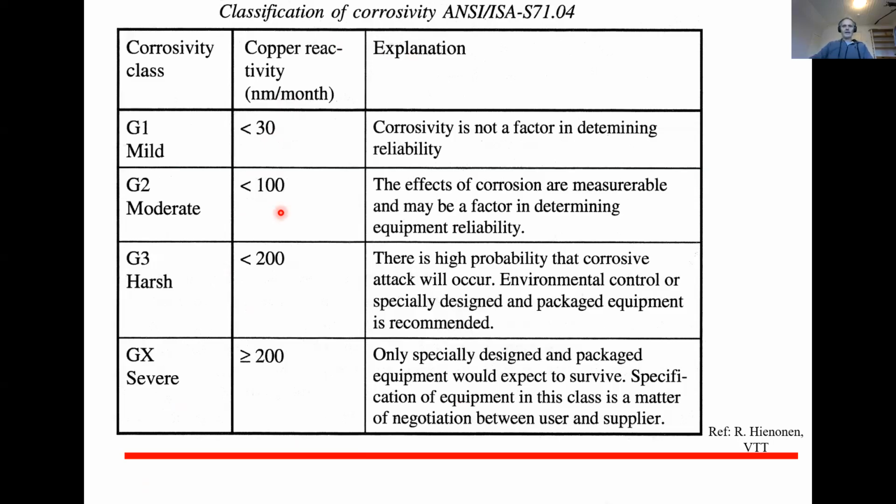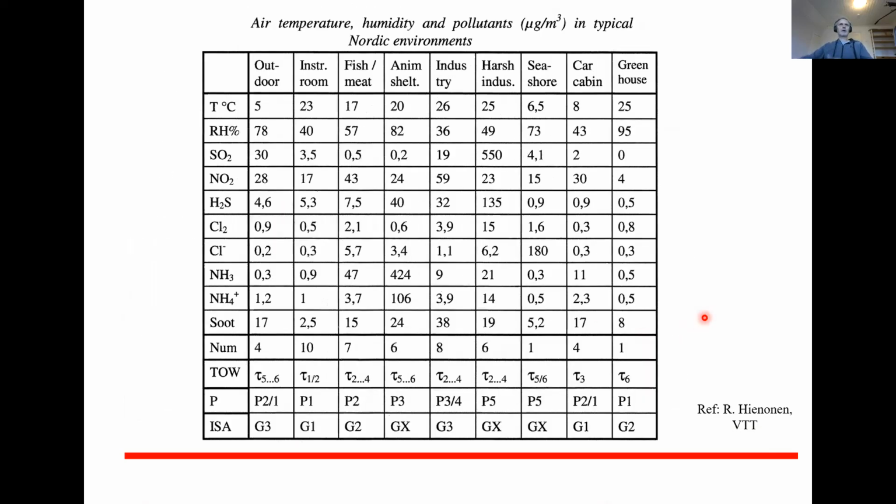Okay, then one case example. This example is also taken from this VTT book. It was a Nordic corrosion project, the NORCOR project, and what they in fact did was that they measured several different typical conditions, general industrial conditions or outdoor conditions in Nordic countries.